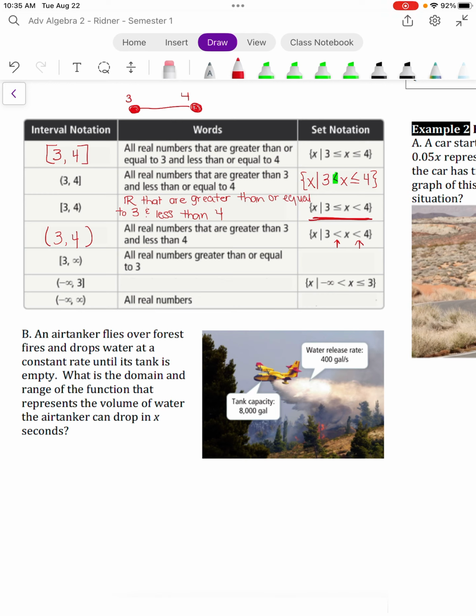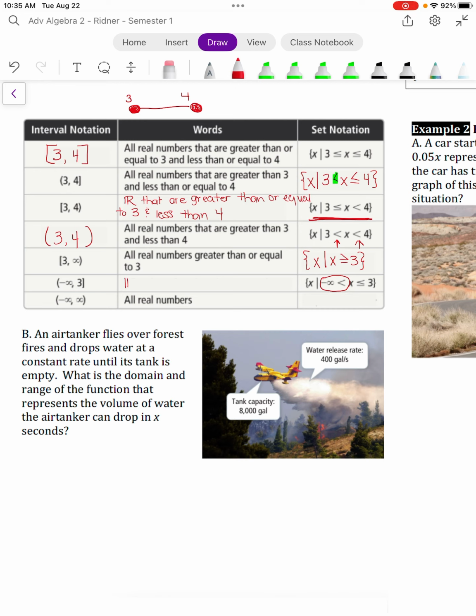And then for the next one, all real numbers greater than or equal to 3. So x such that x is greater than or equal to 3. For this one, I would not have actually written this part. Your textbook does, but I would just say x is less than or equal to 3.